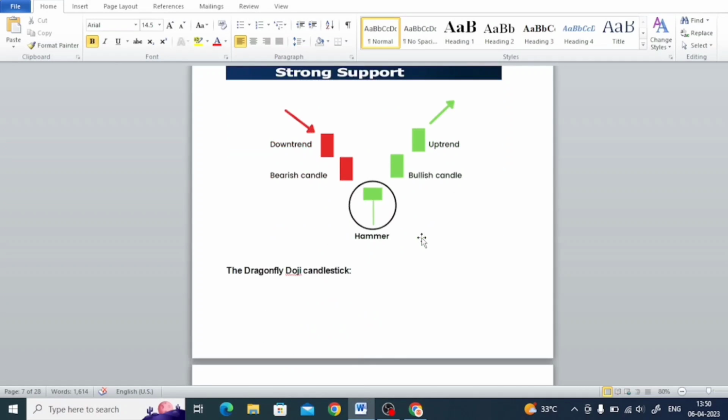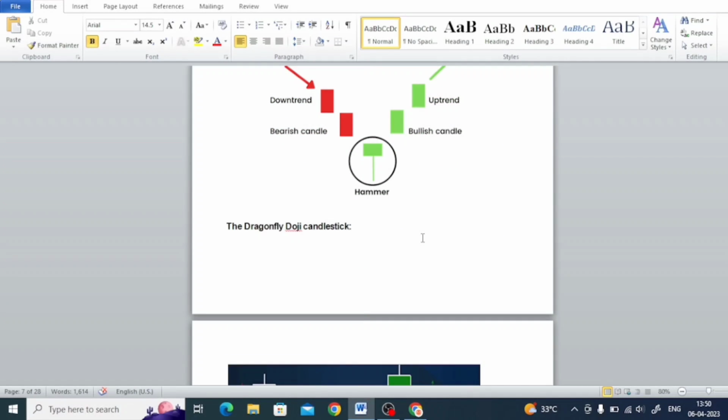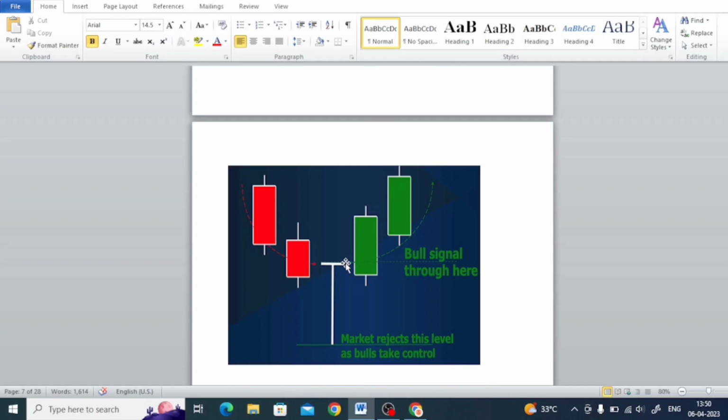Next, we are going to see about dragonfly doji candlestick patterns. The dragonfly doji is very similar to the hammer candlestick pattern, but the difference between the open and close is very small or at the same price. There is either a very small body or no body.